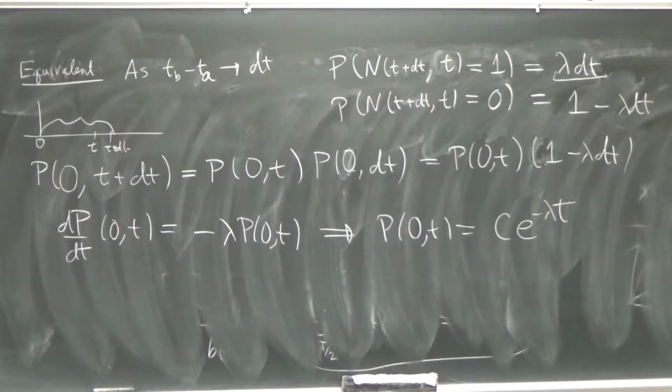And since the probability of seeing no counts at t equals 0 is absolutely 1, because I had no time to see anything, then the constant c is equal to 1.